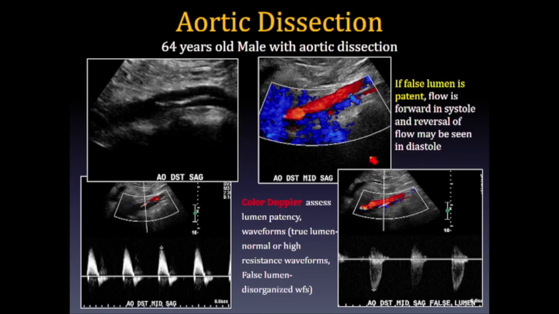With the color Doppler, what we're looking for is a patency of the false lumen as well as patency of the branch vessels. In the false lumen, you can see either to and fro flow, sort of in the diastole, there is a reversal of flow you may find. And with spectral Doppler, we wanted to see if there is any possibility of stenosis of the true lumen, and also what kind of waveforms are there.